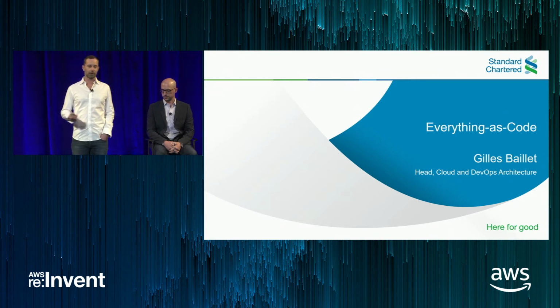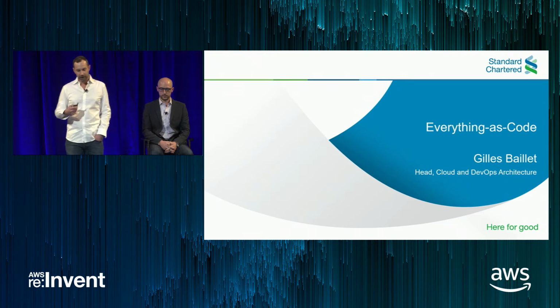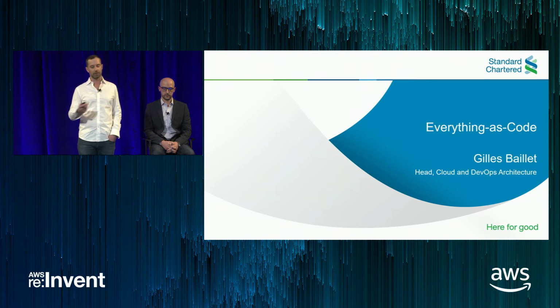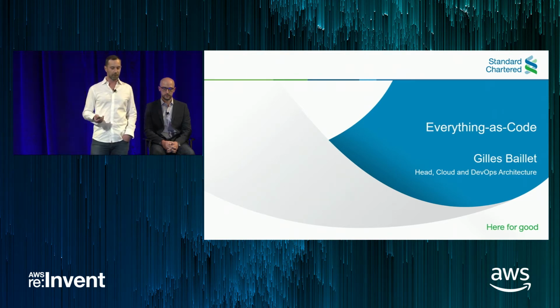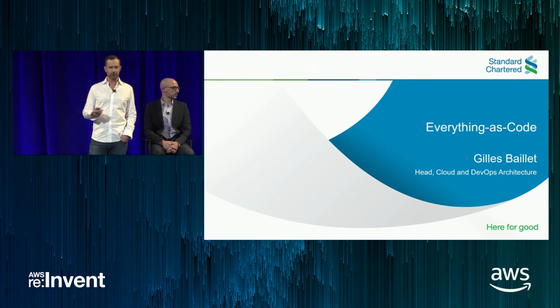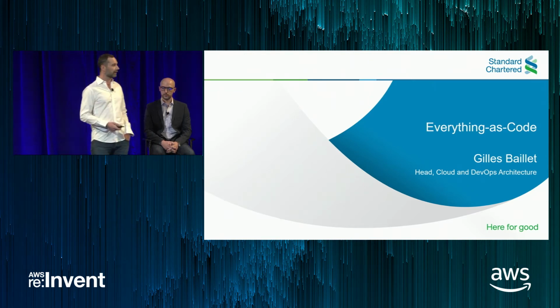So I'm going to talk to you a little bit about who we are, why compliance is important to us. We'll talk you through our journey, what were our foundational principles to move applications to the cloud. And then we'll see some of the use cases that we use to actually build compliance as code.